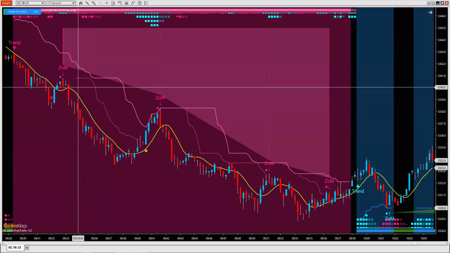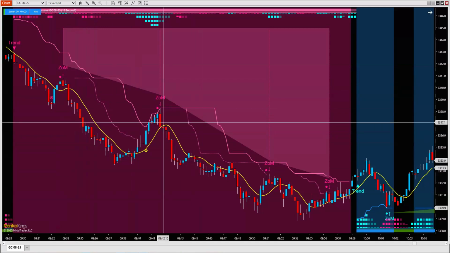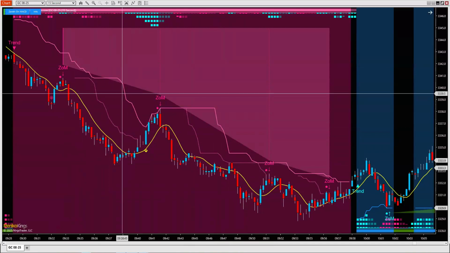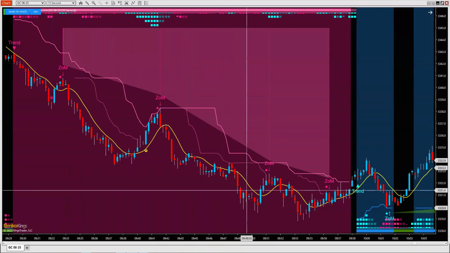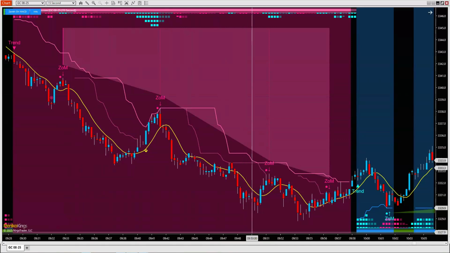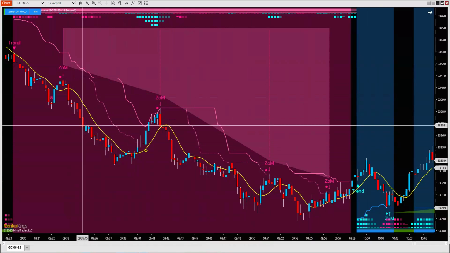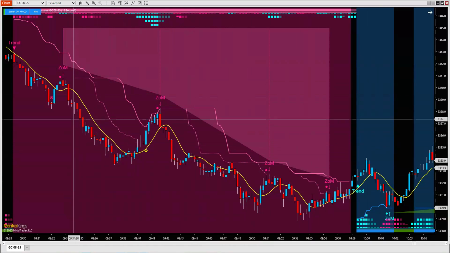What I don't do is keep on taking shorts in a downtrend where the market keeps making new lows. Not because I'm saying the market cannot go lower, but eventually the market gets exhausted, right? And then it just smacks you and goes the other way. So that's why I prefer the first signal.